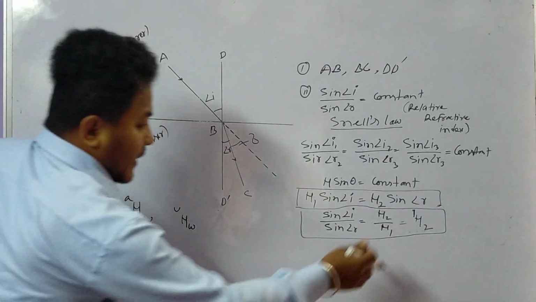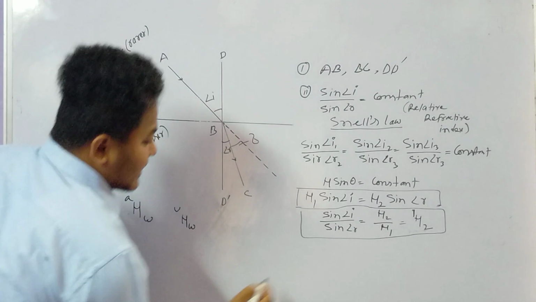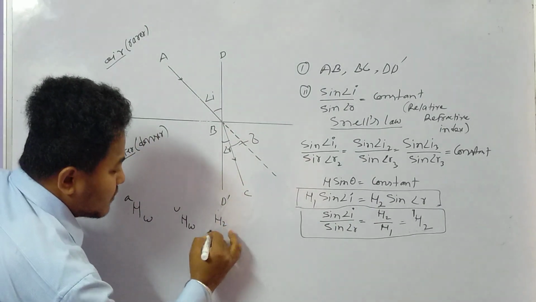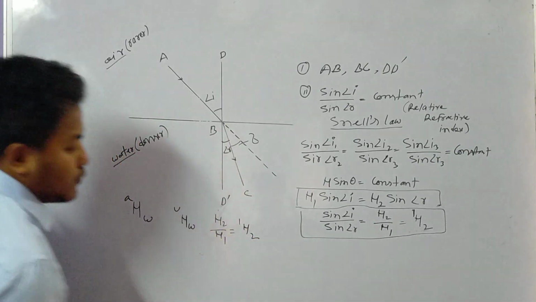Let me come back to this point. As I have written here, mu2 by mu1 can be written as 1 mu2.